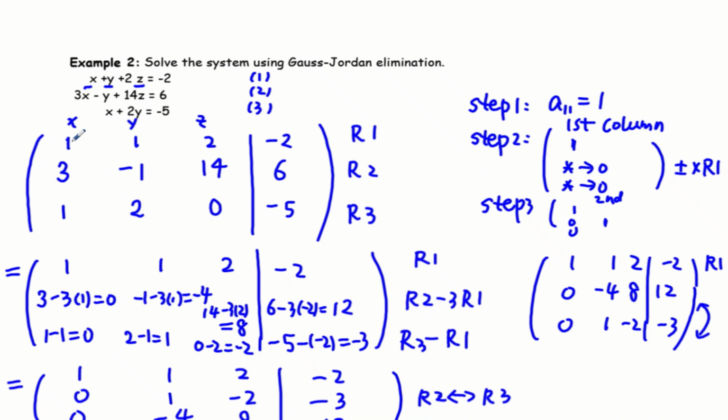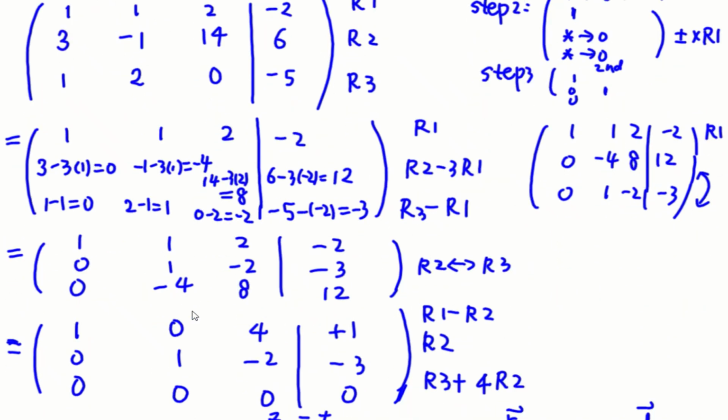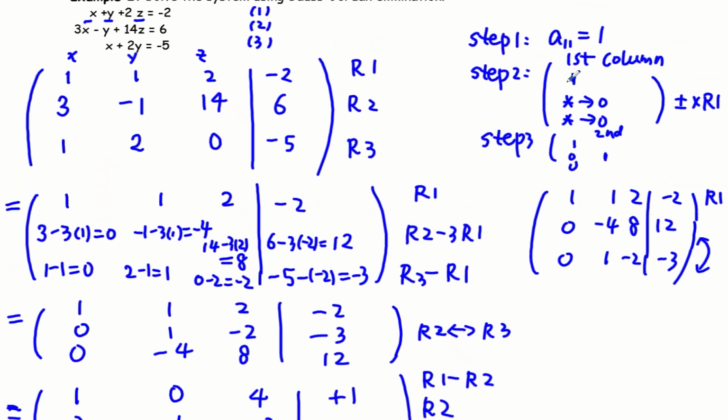So 3 minus 3 times 1 gives you 0. And sometimes it's not always subtract, we also have plus. This is negative 4, then 1 times 4 plus it gives us 0. So we change the first column to 1, 0, 0.